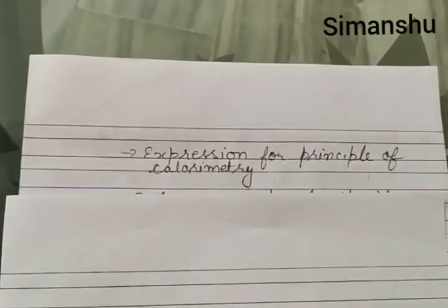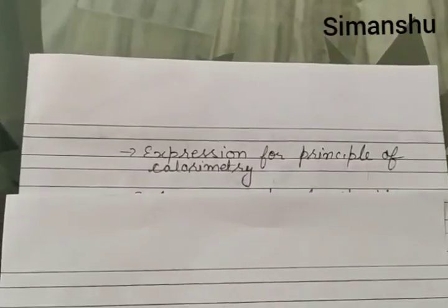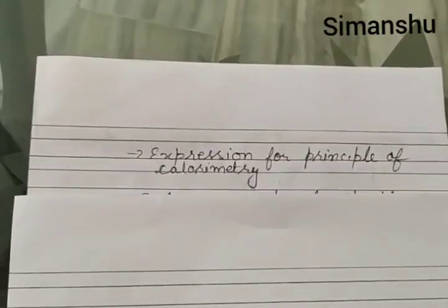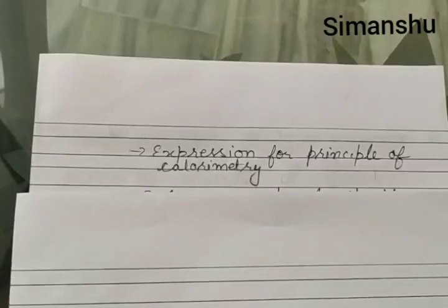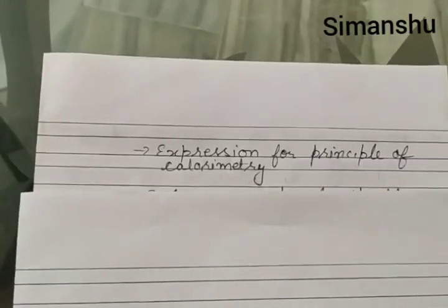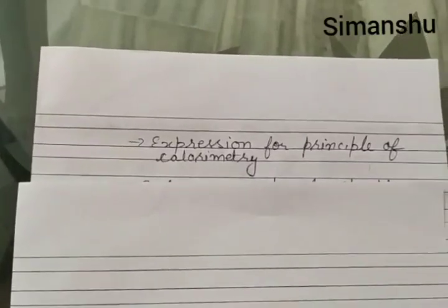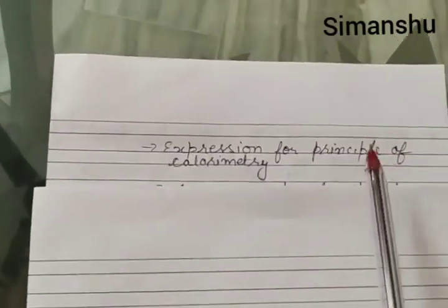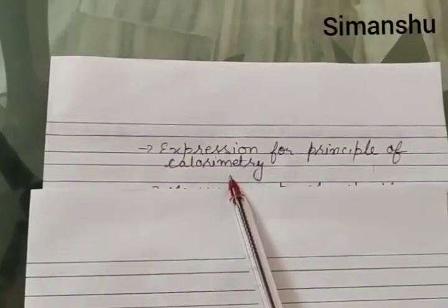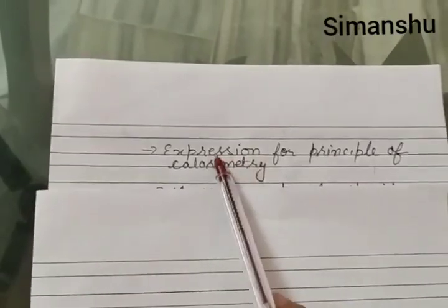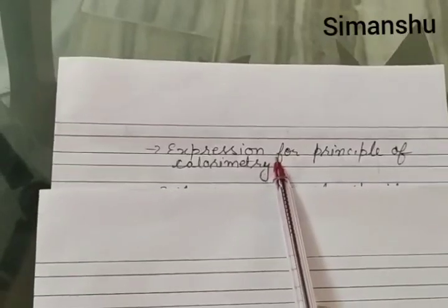As in the previous video, we ended with the definition of the principle of calorimeter. Now in this video, first of all, we will discuss how to apply the principle of calorimeter mathematically. That means we are going to derive the expression which will be useful further for solving numericals.